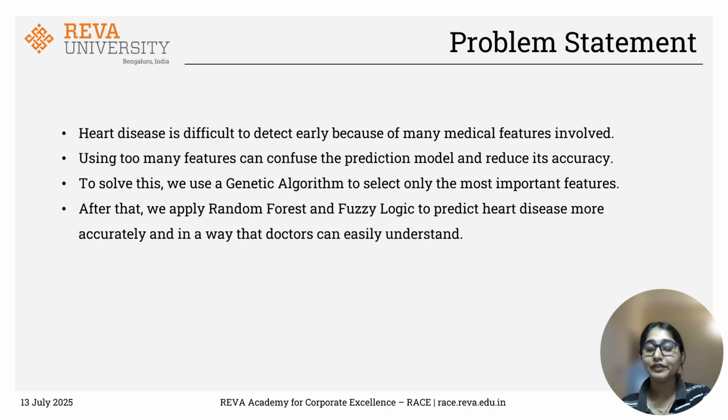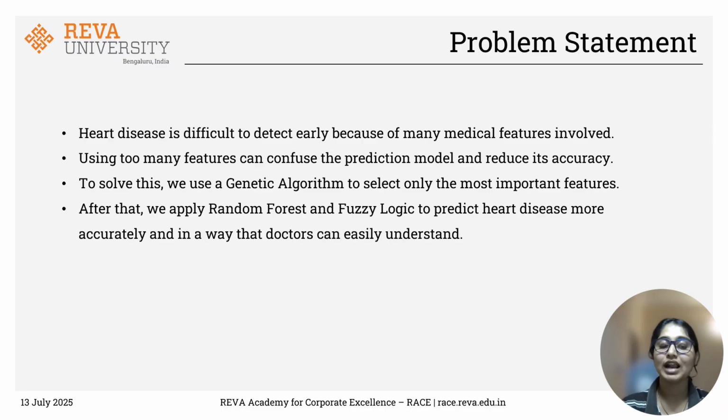We will go to the next slide, that is the problem statement. The main challenge we address is that heart disease prediction involves too many medical features, which can confuse machine learning models and reduce their accuracy. We solve this using a genetic algorithm to identify the most relevant features.